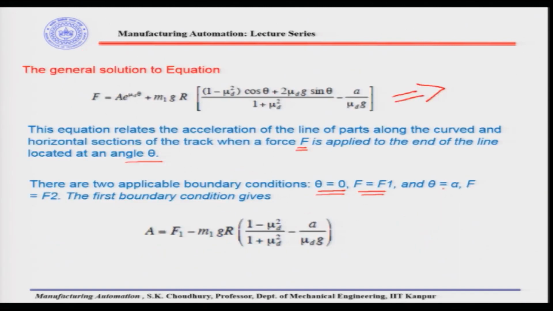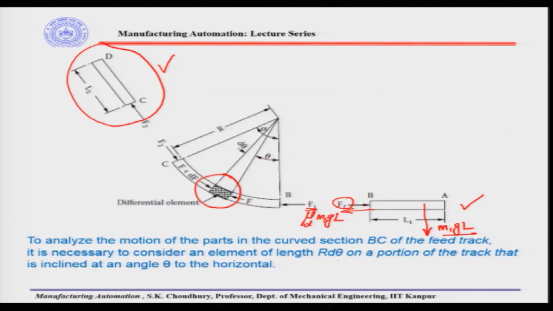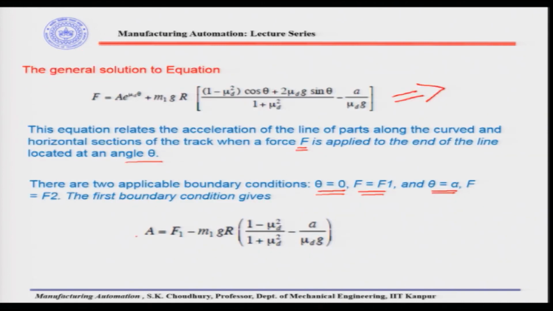Then the other condition is that when theta is alpha, then F is equal to F2. This is theta equal to alpha, which is the angle here, this alpha, then this F is equal to F2. So, we are using the first boundary condition, theta is equal to 0, where F will be equal to F1, we can find out this equation, all right, from here.